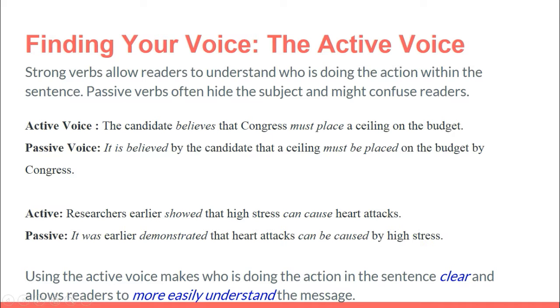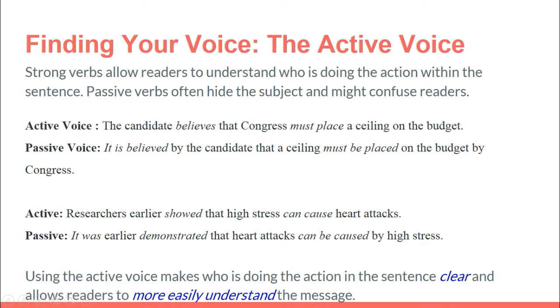Finding your voice, using the active voice in writing. Strong verbs allow readers to understand who is doing the action within the sentence. Passive verbs that are used in the passive voice hide the subject and might confuse readers. For example, this sentence uses the active voice.